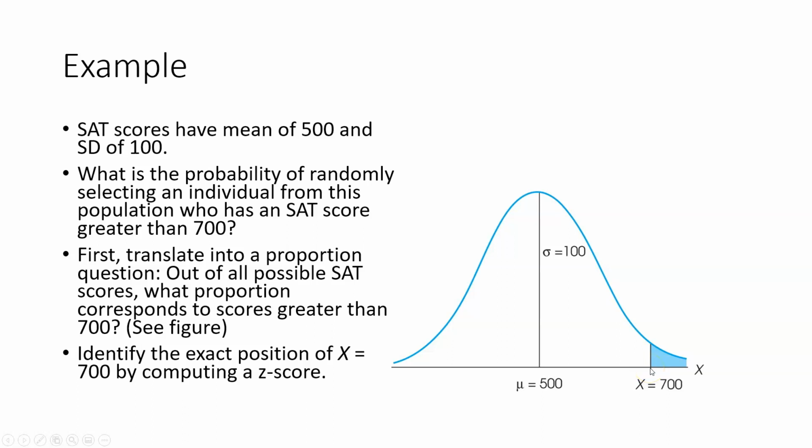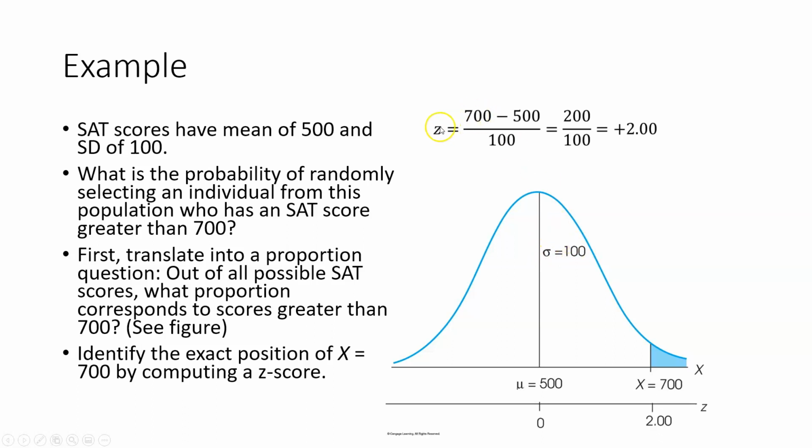We then have to identify the exact position of this 700 score by computing a z-score. If you take the x minus the mean divided by the standard deviation, you will see that the z-score is 2, marked here.